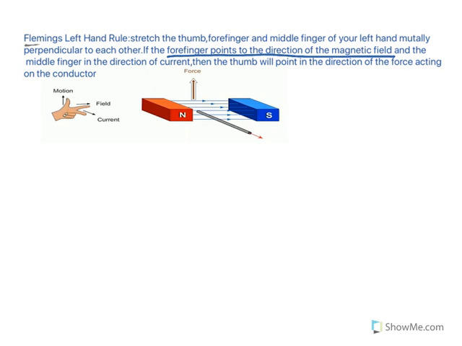If the forefinger points in the direction of the magnetic field, here the field is in this direction, north to south, and the forefinger is pointing in the direction of the field. Then the middle finger is in the direction of the current. Here the current is acting downwards, so the middle finger is pointing downwards. Then the thumb will point in the direction of the force. Here the thumb is pointing upwards, hence the force would be upwards.